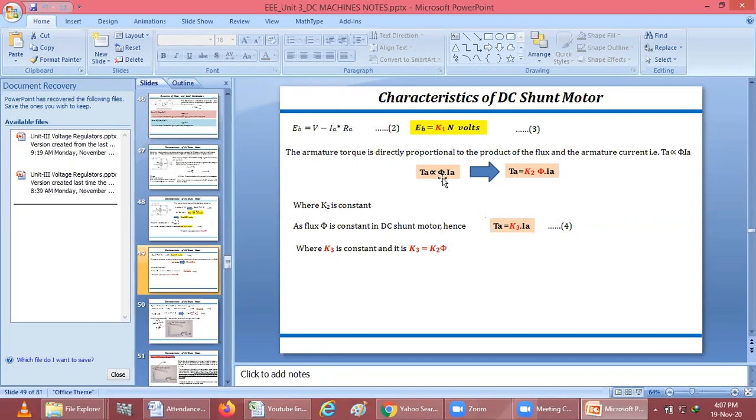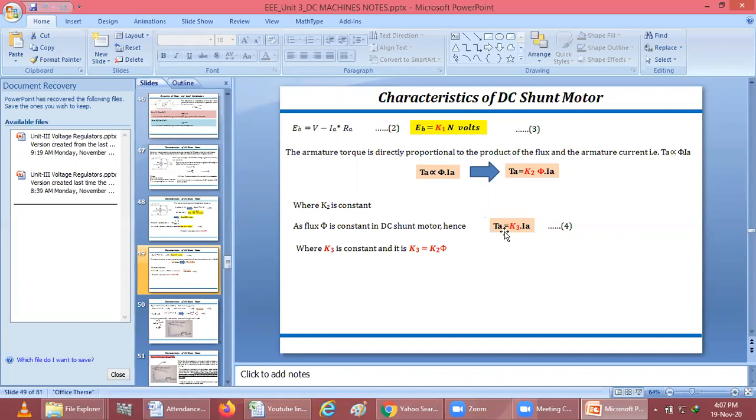We know torque is directly proportional to the flux, and it is directly proportional to the armature current. So the graph of torque and armature current will be linear. It means if current increases, torque also increases. Here you can take K2 phi as a constant term and assign it as K3.